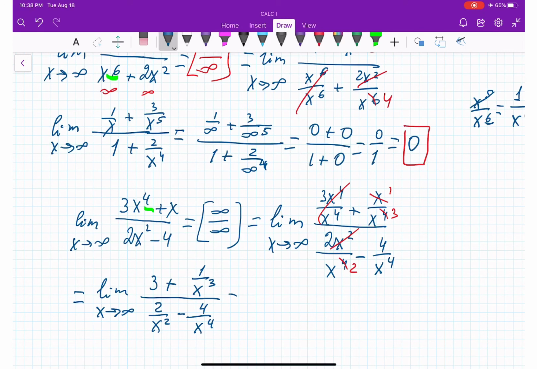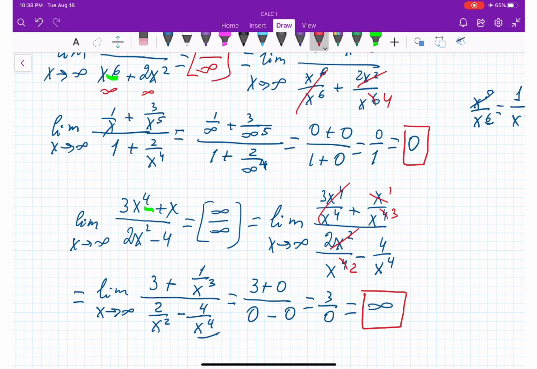And what we're going to get, if we plug in infinity, is 3 plus 1 over infinity, which is 0. At the bottom, we have what? 2 over x squared, which is 2 divided by infinity, right? We get 0. And 4 divided by infinity here will be 0. The result is 3 over 0, which is going to be infinity. A number divided by 0 is infinity.